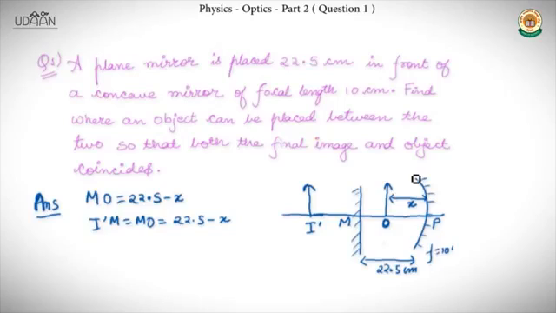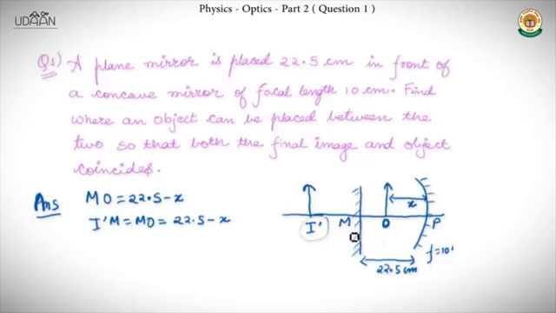So basically, we can treat the final image as a source to get the intermediate image. So we first get the intermediate image distance, then we put the final image distance and the intermediate image distance, that is I dash, in the mirror equation, and we can get the value of x. So let's proceed with that.